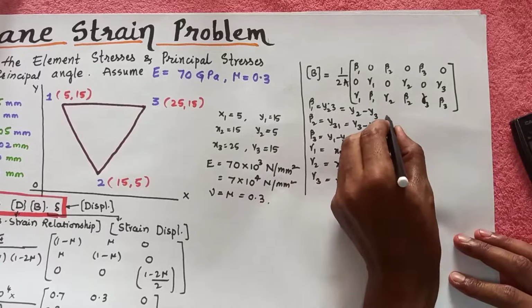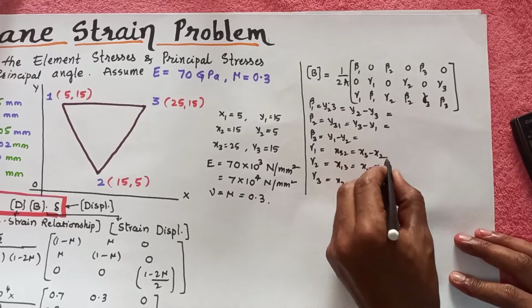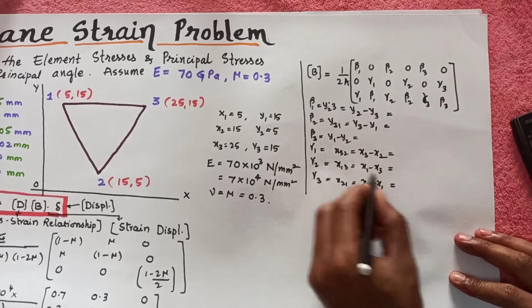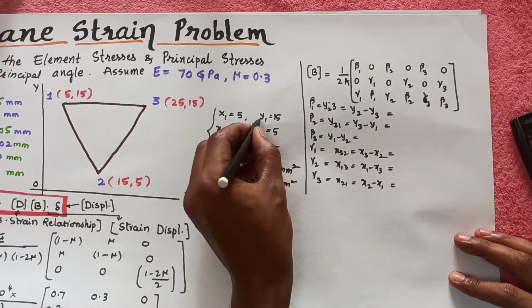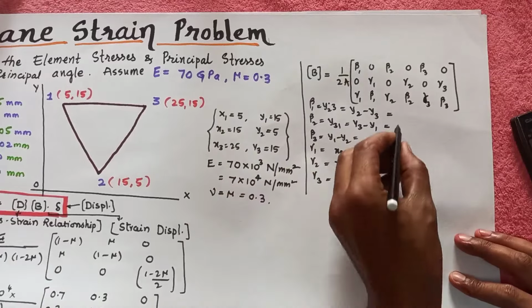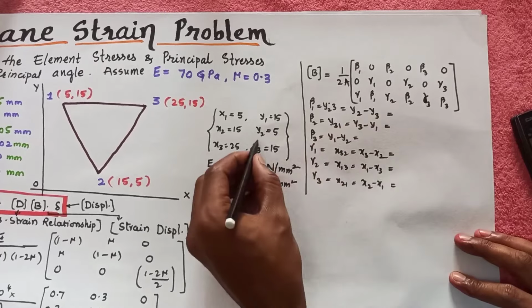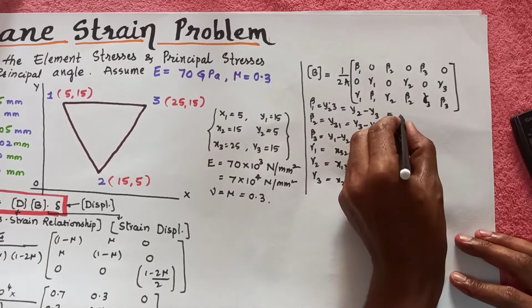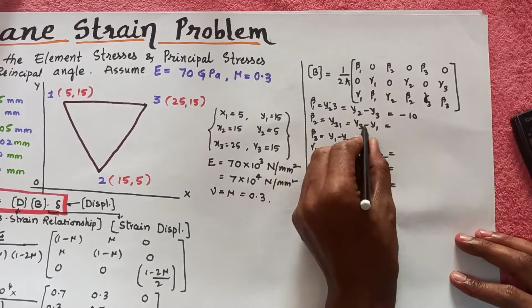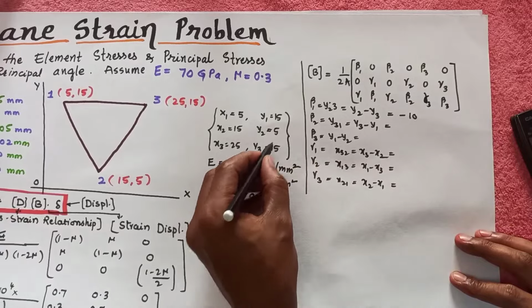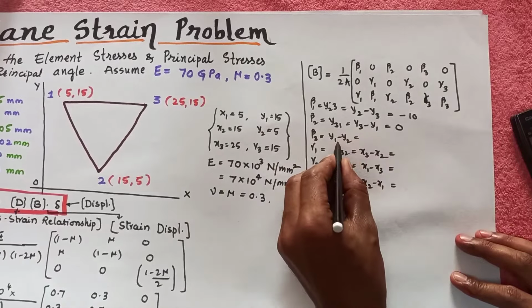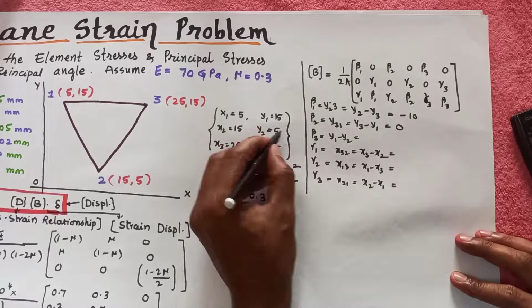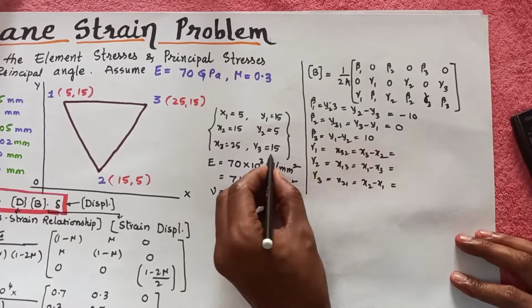Okay, now you can substitute this value. So you know what x1, x2, x3, y1, y2, y3 are that you have written here. So y2 minus y3, 5 minus 15, you will get minus 10. y3 minus y1, you will get 0. y1 minus y2, 15 minus 5, you will get 10.